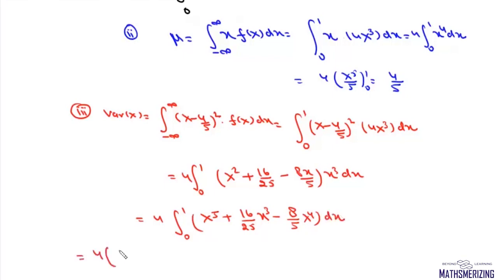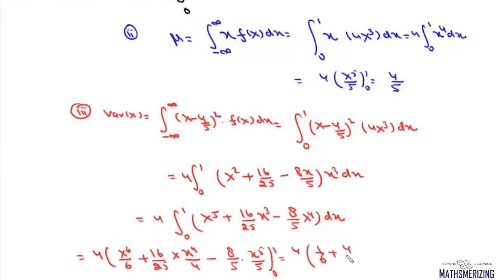Now this value will be x to the power 6 upon 6 plus 16 upon 25 times x to the power 4 upon 4 minus 8 by 5 times x to the power 5 upon 5 from 0 to 1, which is 4 times (1 by 6 plus 4 by 25 minus 8 by 25), which is 4 times (1 by 6 minus 4 by 25).